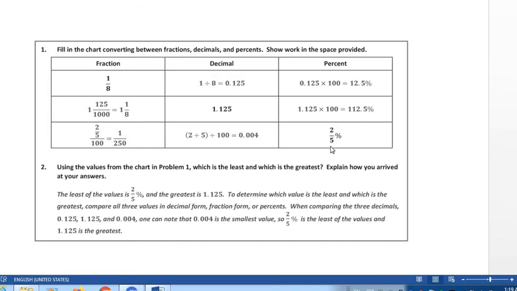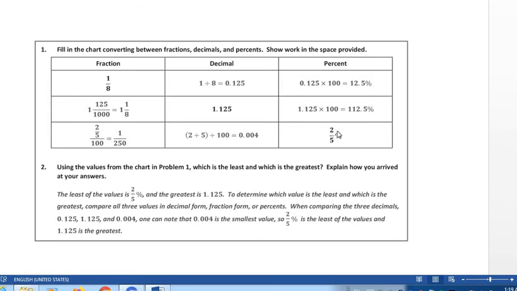Okay, 2 over 5. How can you make 2 divided by 5? It is much easier if you make the denominator with zeros. So what should I do to make 5 into a multiple of 10 to convert it into decimal? 5 times what gives me 10? I will say times 2, and it gives you 10.